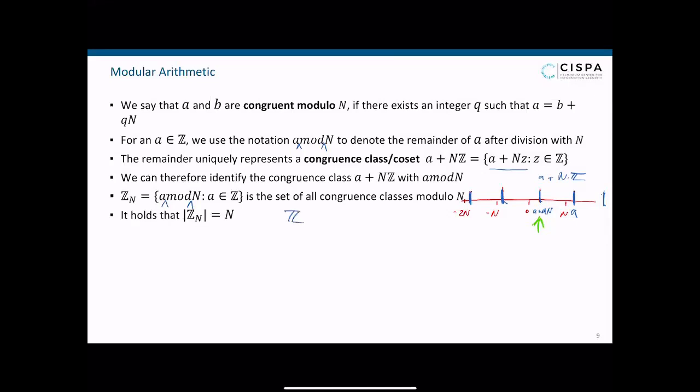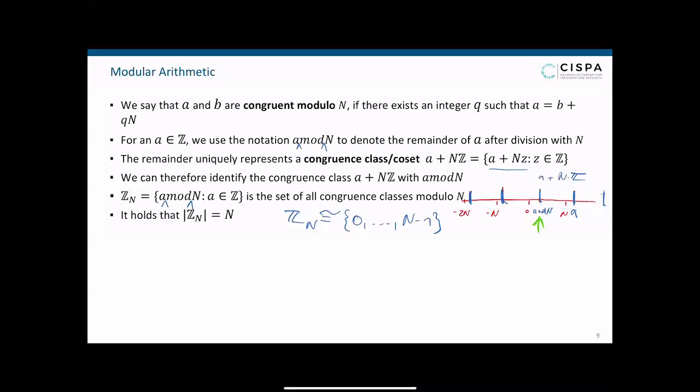It holds that Zn corresponds, if we just look at the representatives, to the set 0 and so forth until n minus 1, right? So we know that Zn is of size n minus 1.